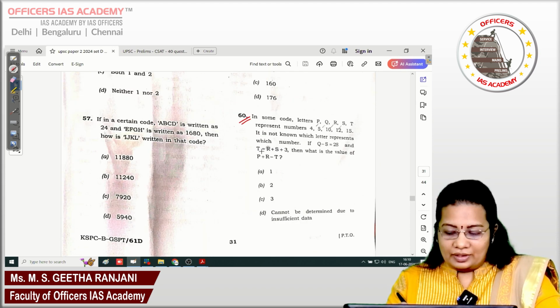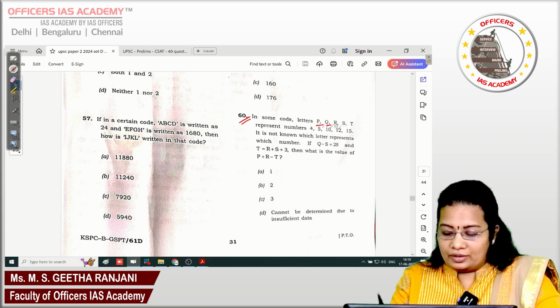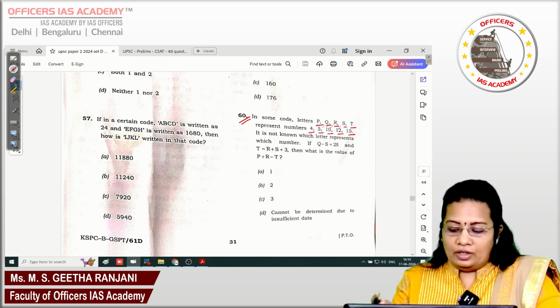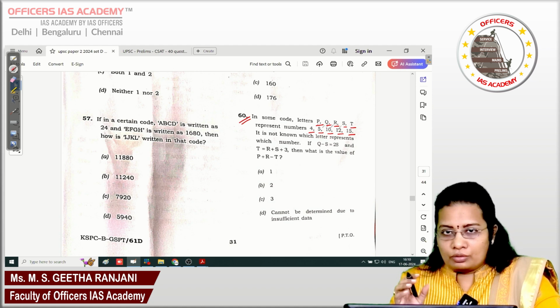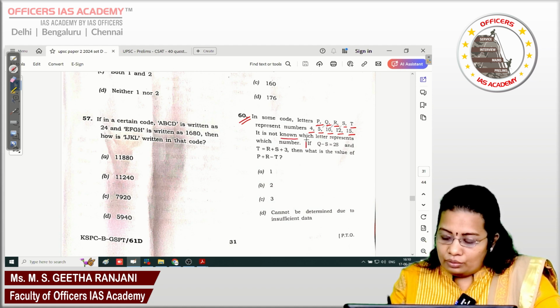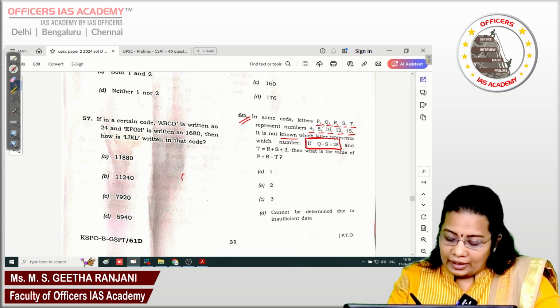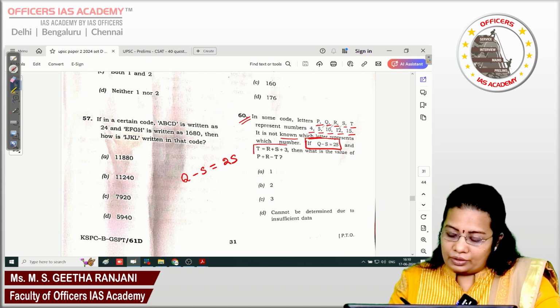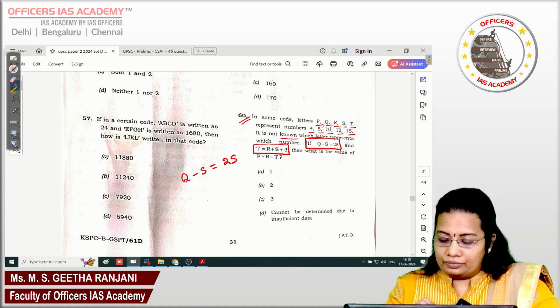Next question, number 60. In some code, letters P, Q, R, S, T represent the numbers 4, 5, 10, 12, 15. Which number represents which letter, we don't know. It is not known, it is given. And some clues are given. Q minus S is equal to 2S, and T is equal to R plus S plus 3.